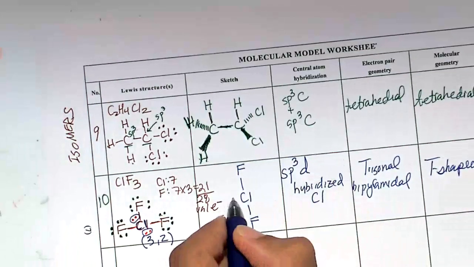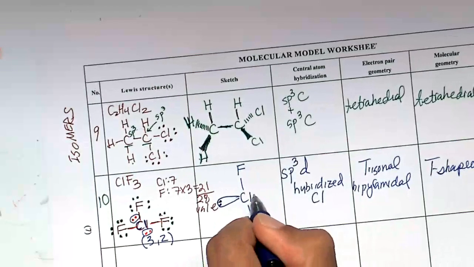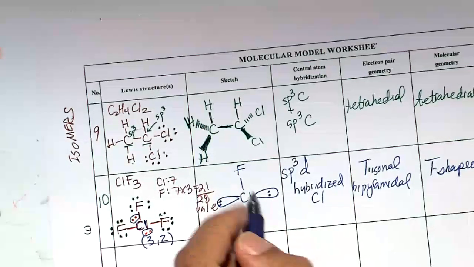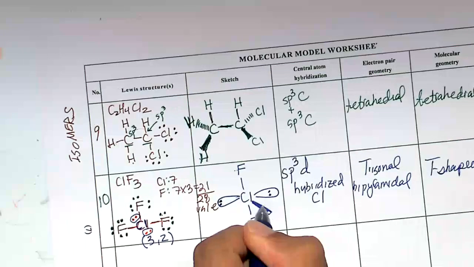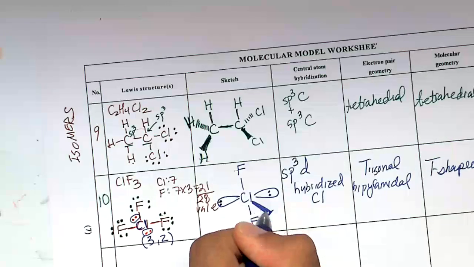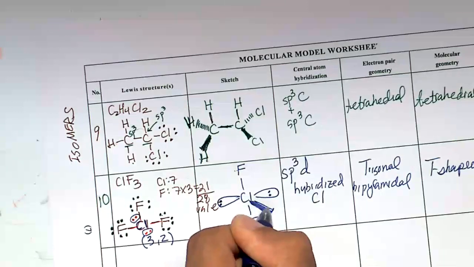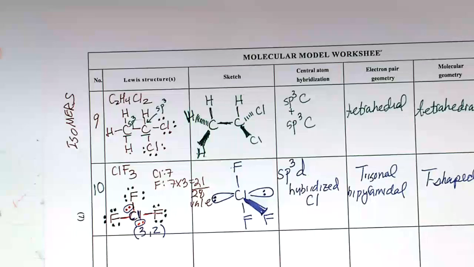One lone pair here, one lone pair there, so that's 2 lone pairs. And here's my third fluorine as a wedge bond. This is called T-shaped. It looks like a T.